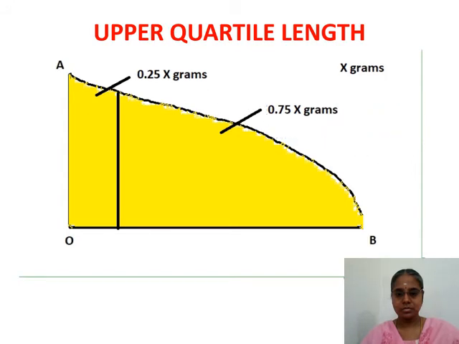This length is your upper quarter. That line which divides the upper quarter and lower quarter is your upper quartile length, or UQL. So this is your upper quartile.